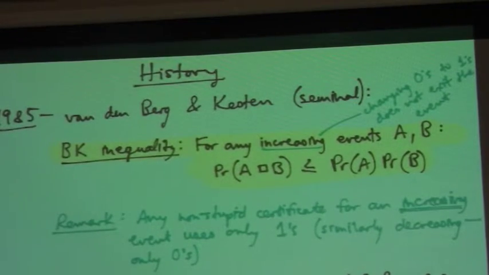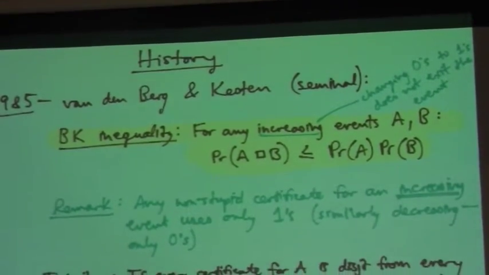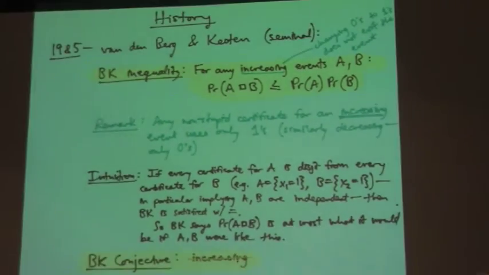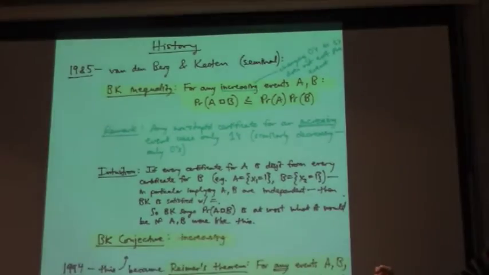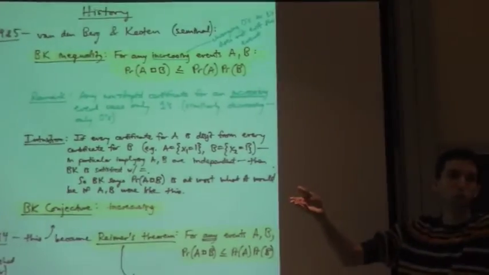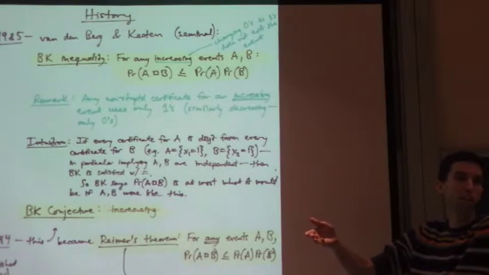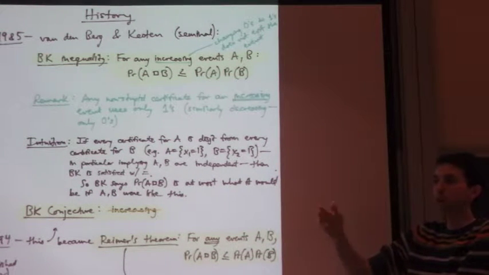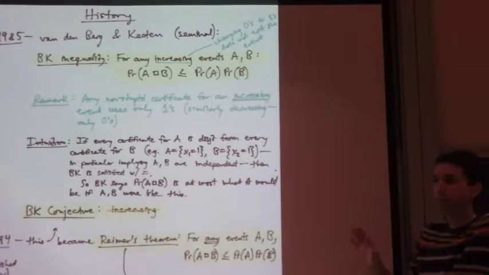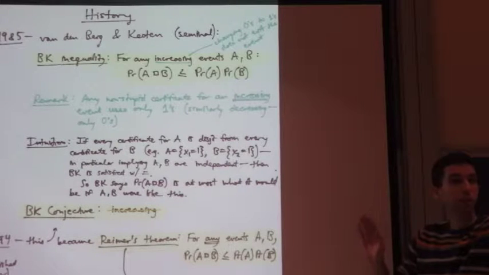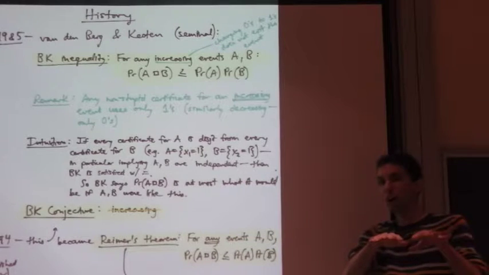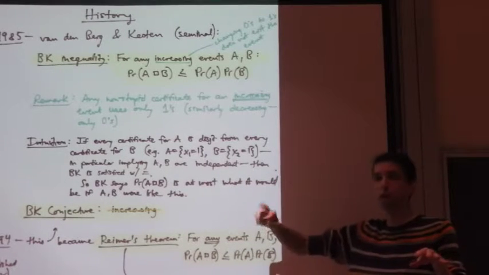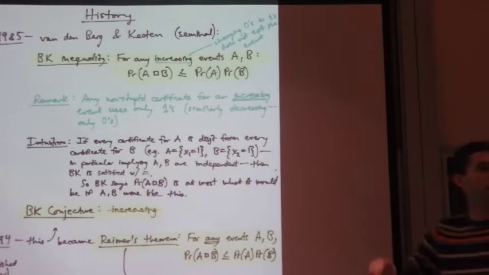If A is increasing, then every certificate should only promise 1s, because if you promise a 0, you don't have to make that promise: if you flip that 0 to a 1, you'd still be in the event. Am I making sense? So you can forget about that promise, because whatever happened on the other coordinates, it doesn't matter whether that coordinate was a 0 or a 1.